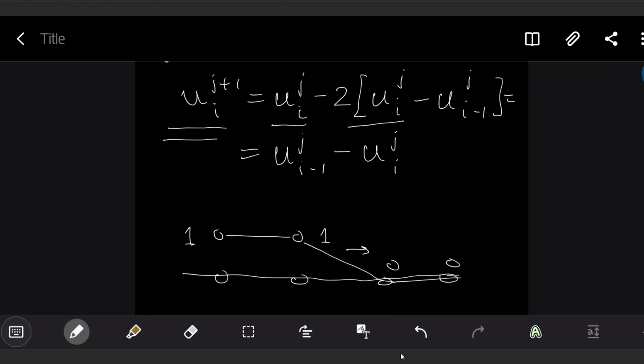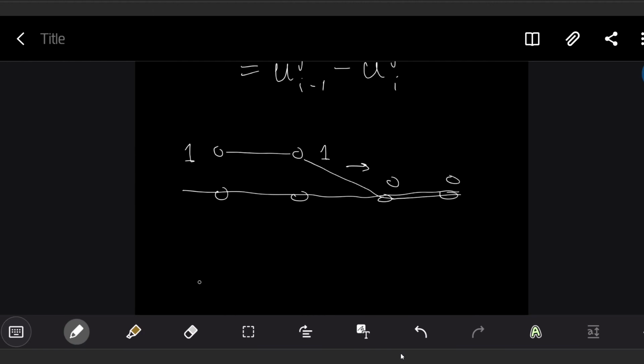So if we try to use the formula presented here with Courant number greater than 1, on the next time layer we will receive the following values. We need to start with the initial conditions, so I will keep the same value of the wave initially, because we need some initial conditions to calculate.